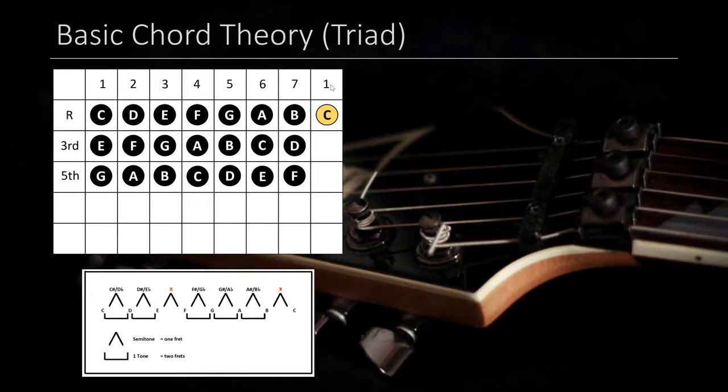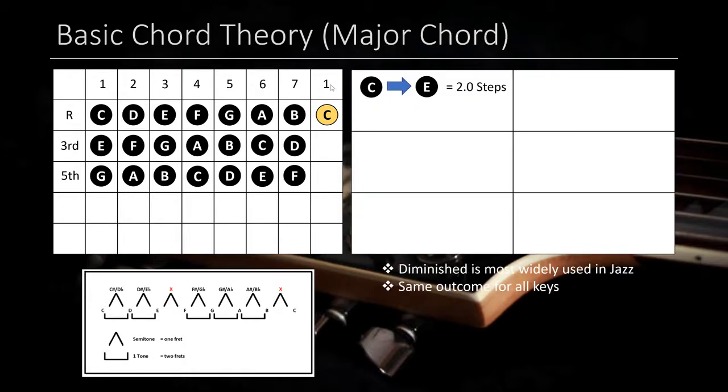So then we need to start thinking about whether we're playing a major or a minor chord. And again, this becomes quite easy to work out when you start looking at this grid. So for instance, if we take the C to the E, C to E is 2 steps.